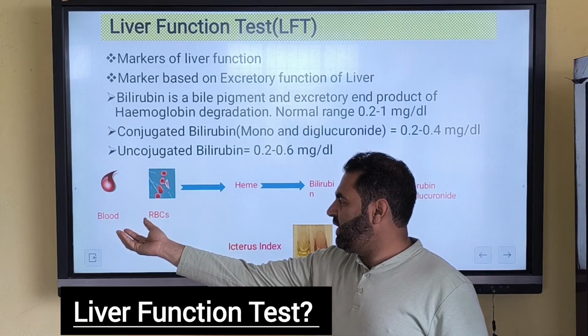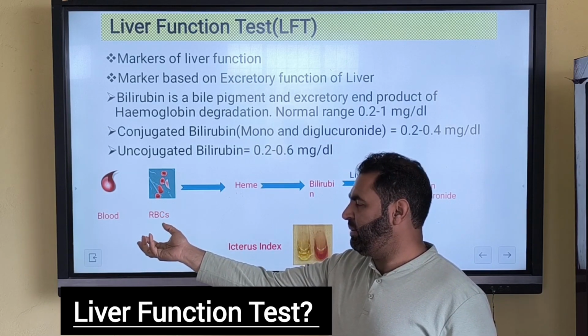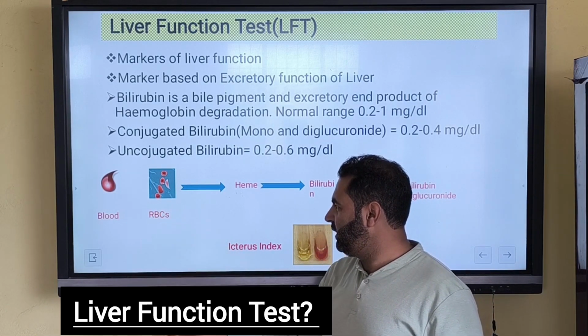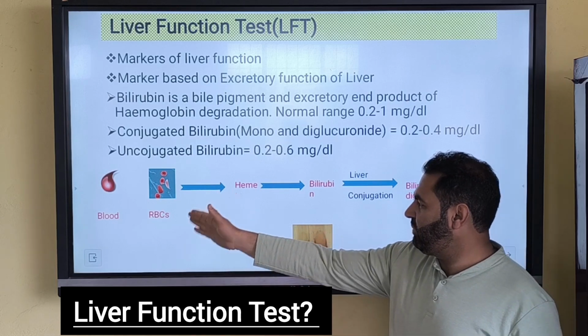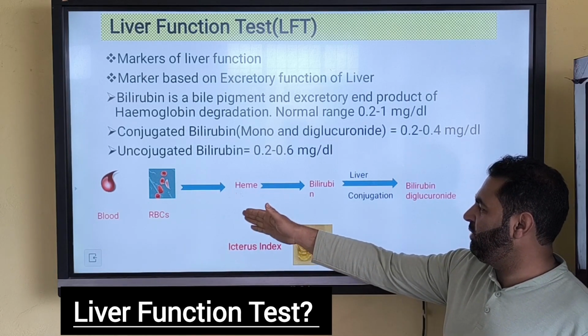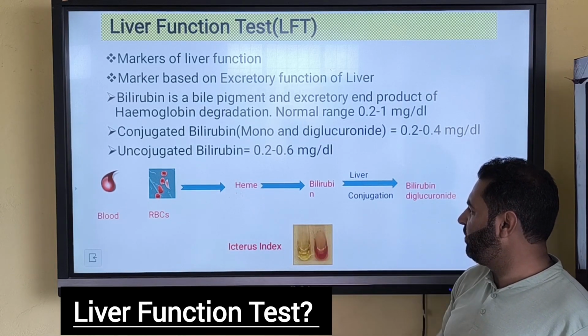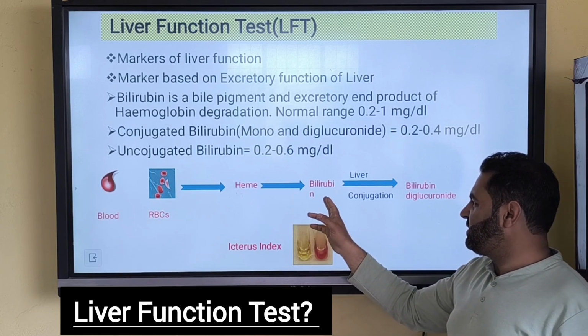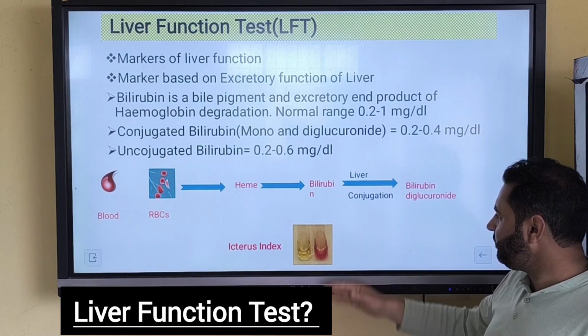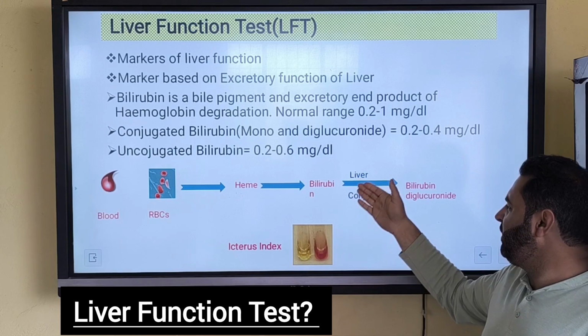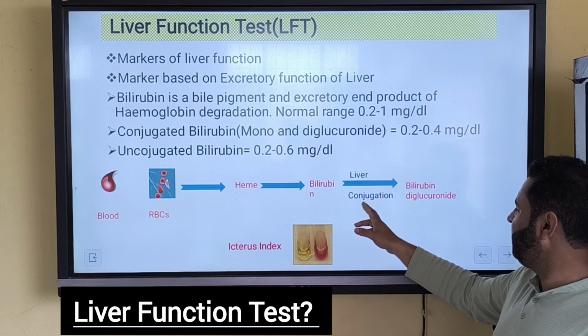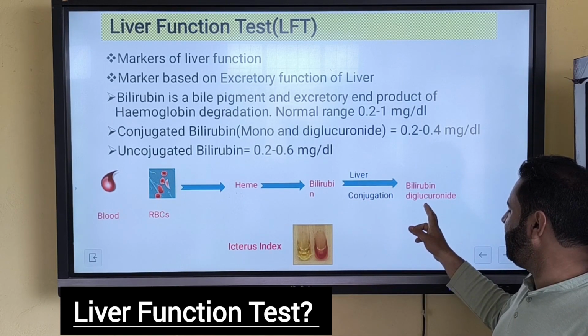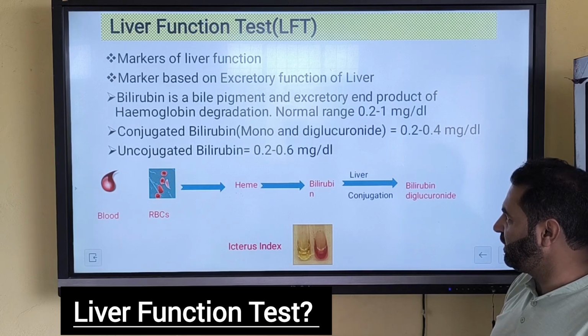Suppose this is blood and we have different red blood cells in the blood, and these red blood cells have heme or hemoglobin. Once it is metabolized, we will have bilirubin. Then bilirubin will be conjugated by the liver into bilirubin diglucuronide or bilirubin monoglucuronide.